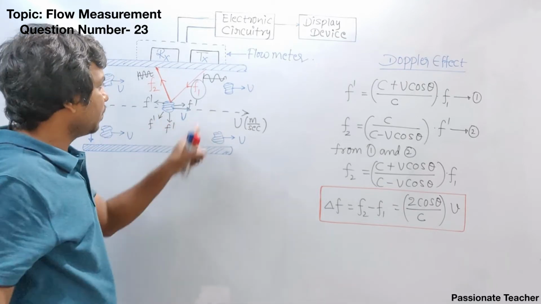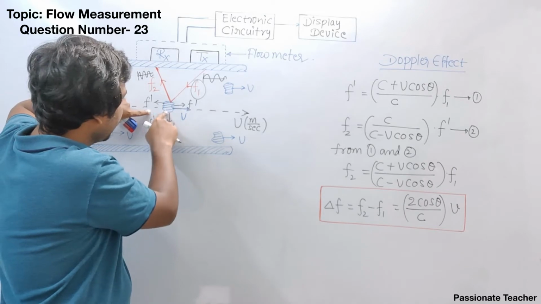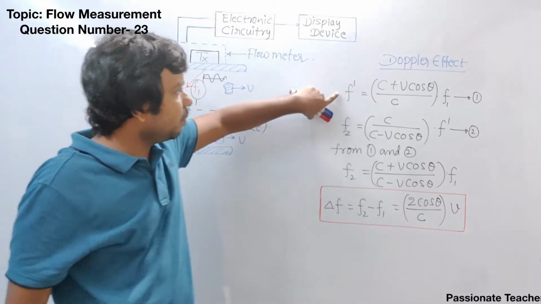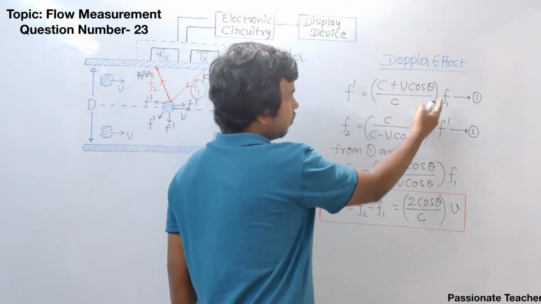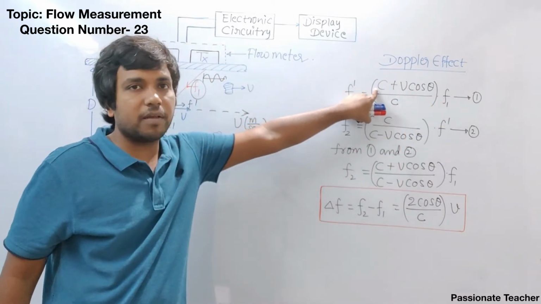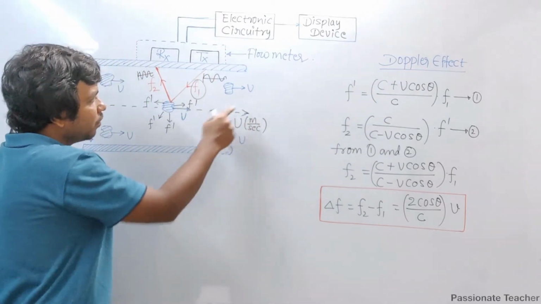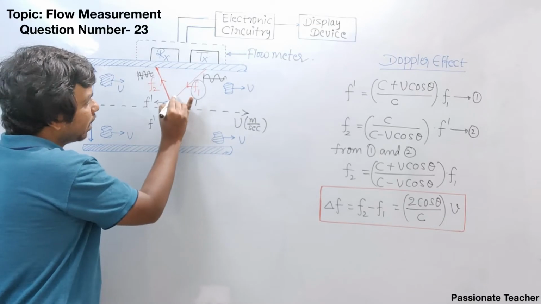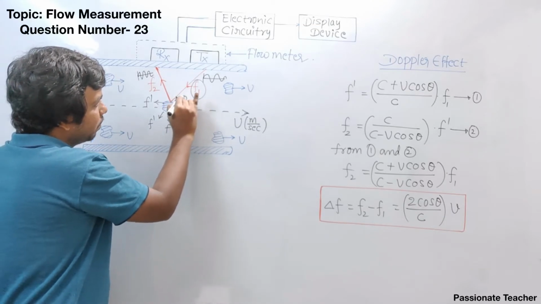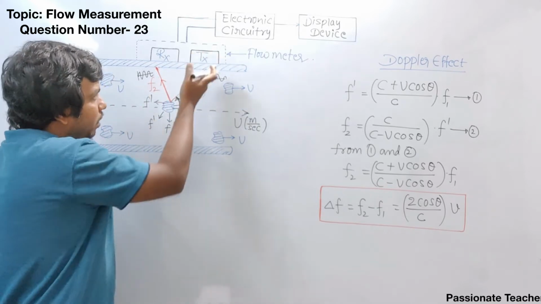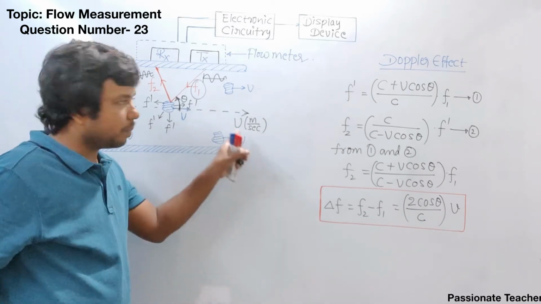In this case, from the Doppler effect concept, we can say the frequency of the wave which is scattered by the moving observer can be given as (C plus V cos theta) by C into F1, where C is the velocity of the ultrasound wave in the medium, V is the velocity of the fluid, and theta is the angle between the velocity of the ultrasound and the velocity of the fluid particle.